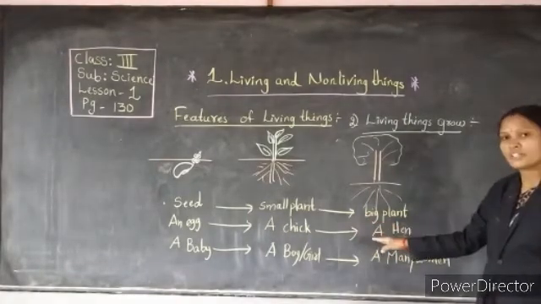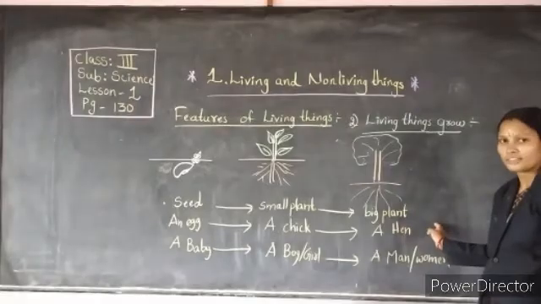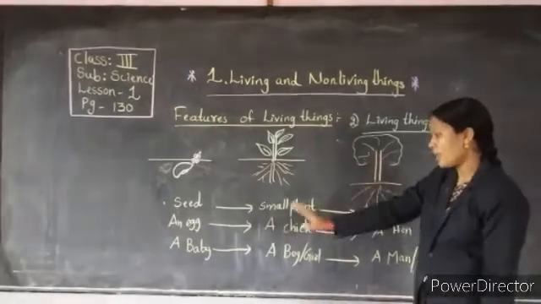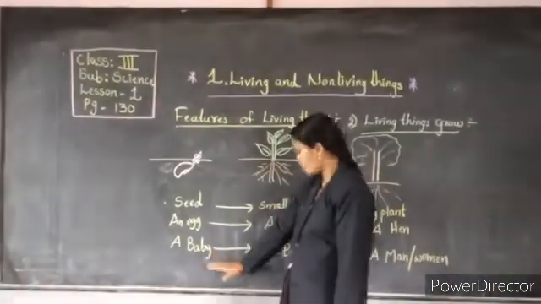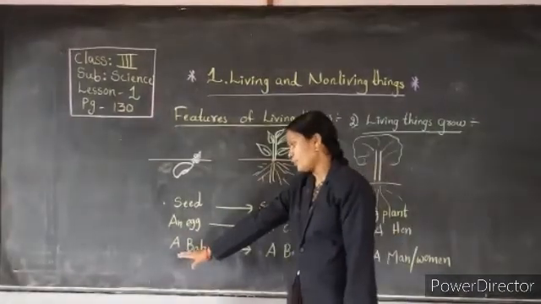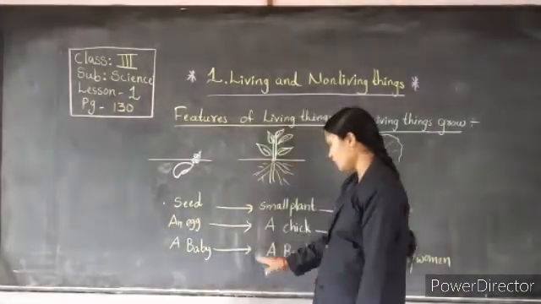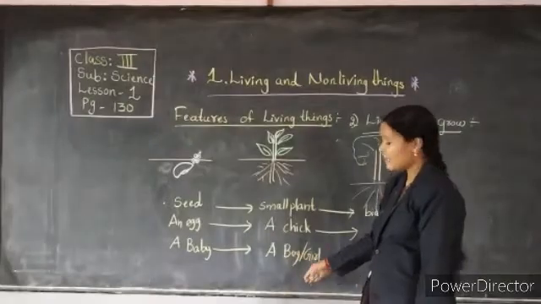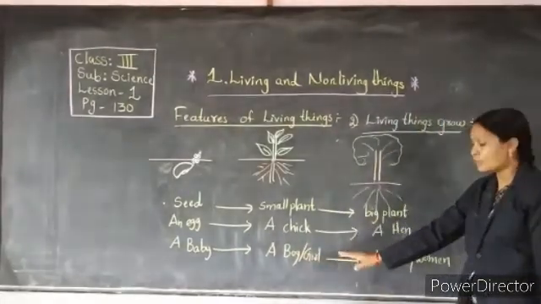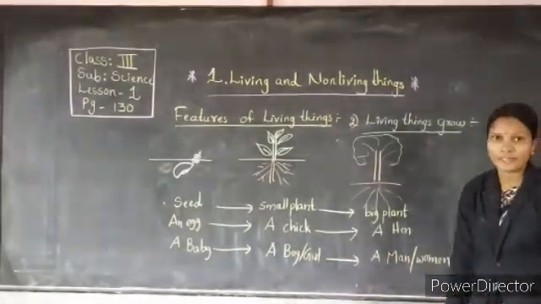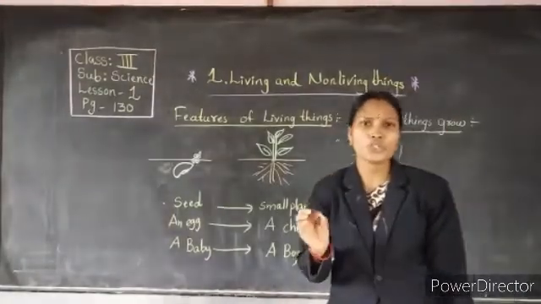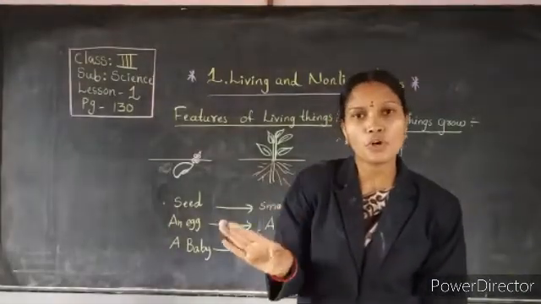And a baby grows into a boy. A baby grows into a boy or girl, and a boy or girl grows into a man or woman. This shows all living things can grow.